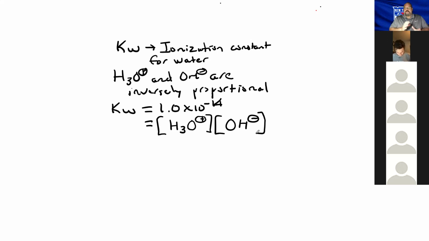Whatever the amounts of H3O plus and OH minus are for a solution, when you multiply them together, they're always going to be equal to 1.0 times 10 to the minus 14th. Those are the two numbers. When you have two variables that are inversely proportional to each other, they always multiply to give the same value.